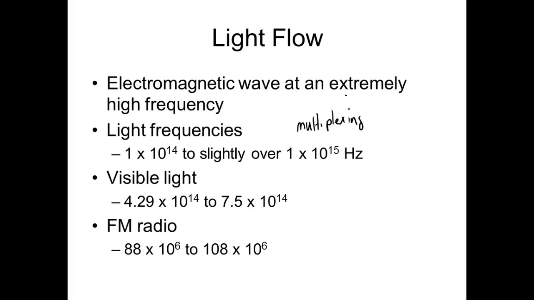So multiplexing is the act of putting something on a carrier. We call that modulation. And when we strip it off, we call it demodulation. Does that make sense? And we call these devices that can do both modems.